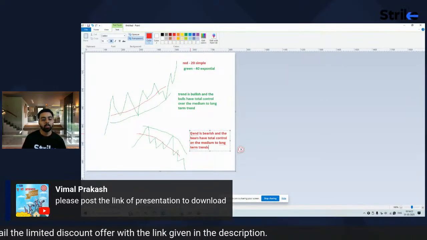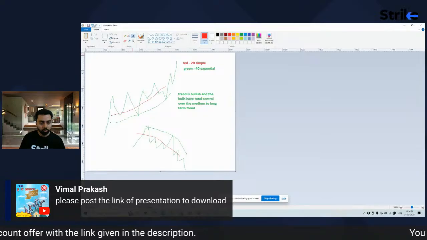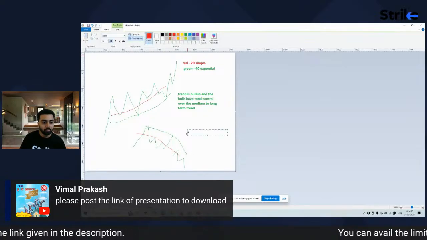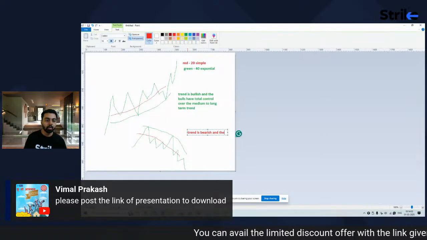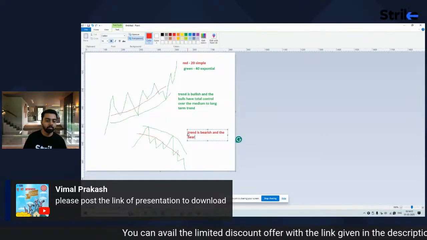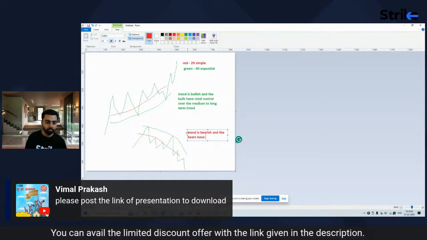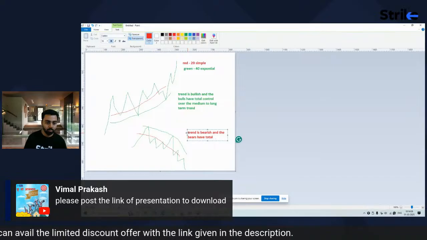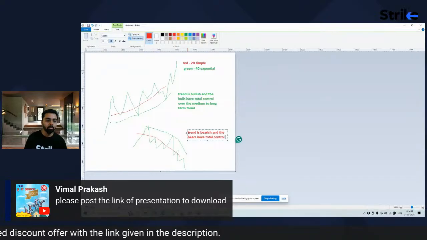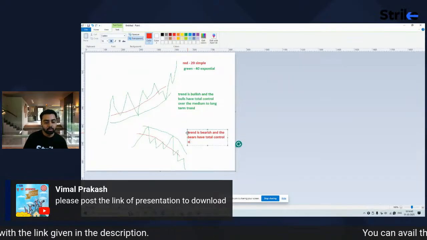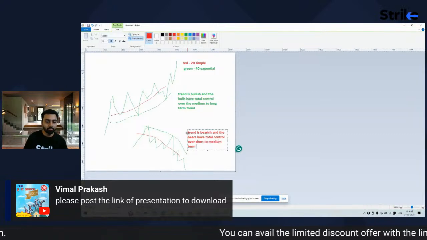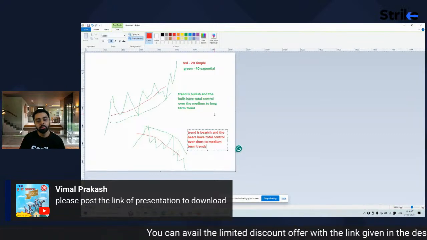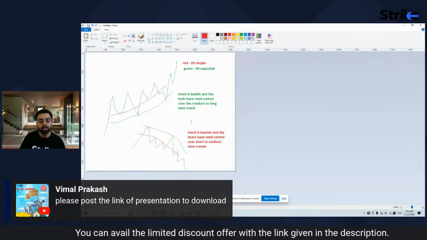Okay, so the trend is bearish and the bears have total control, actually total control over short to medium term trends. Okay, so here basically the momentum comes to them.